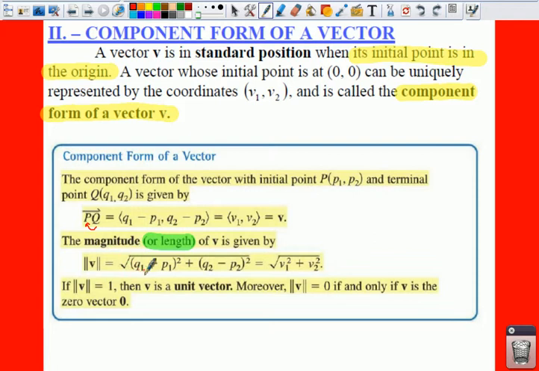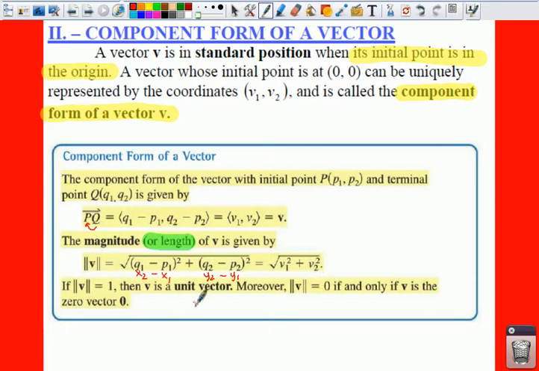So it's basically your X sub 2 minus X sub 1, or your Y2 minus your Y1. But we're not necessarily talking about just X's and Y's here. We're talking about numerical values. That gives you the square root of V1 squared plus V sub 2 squared.